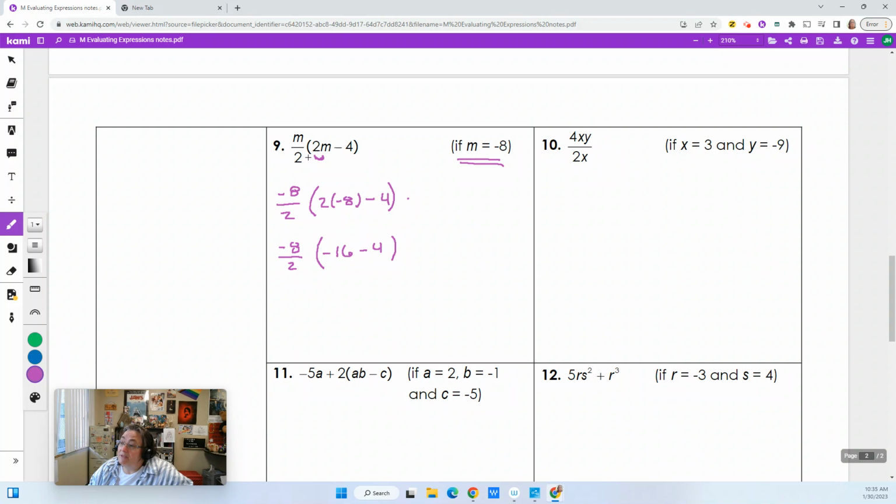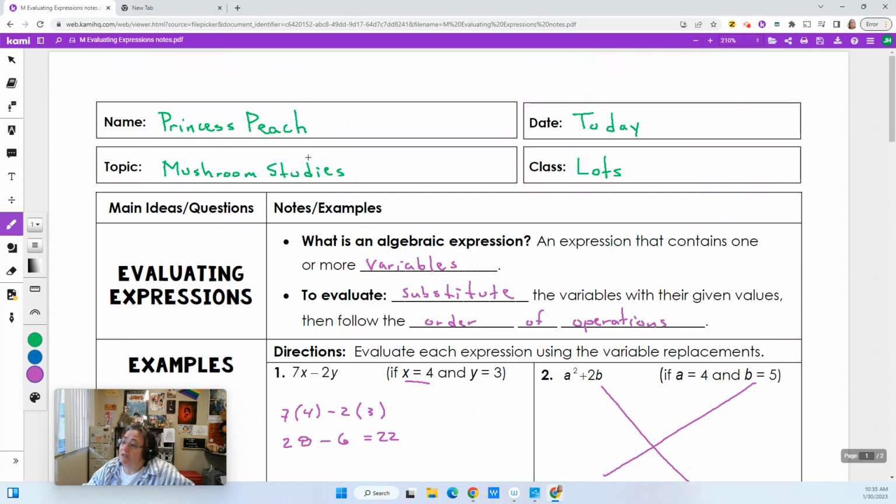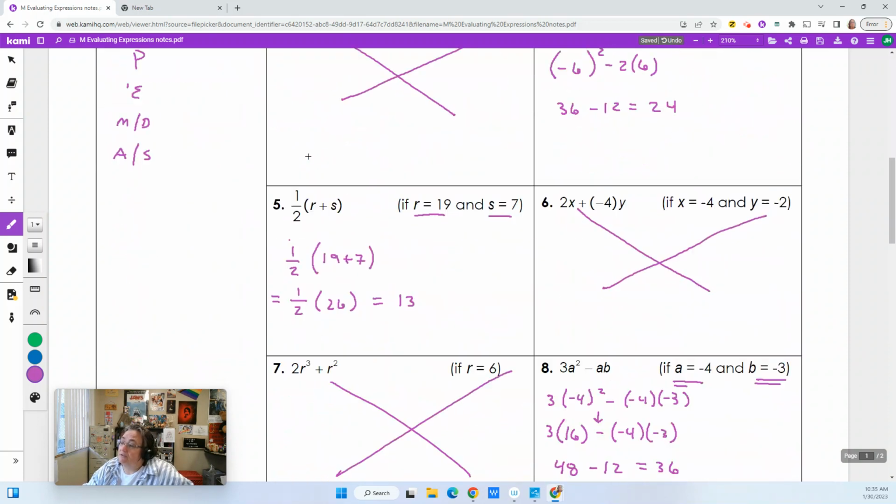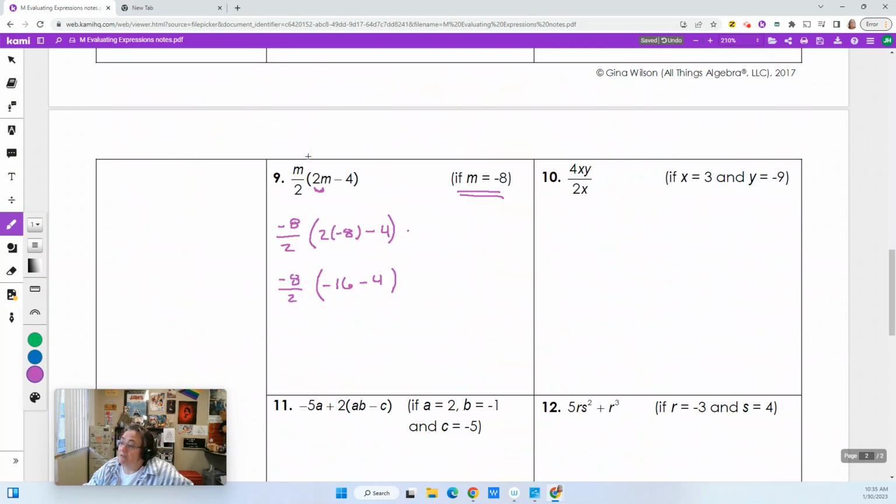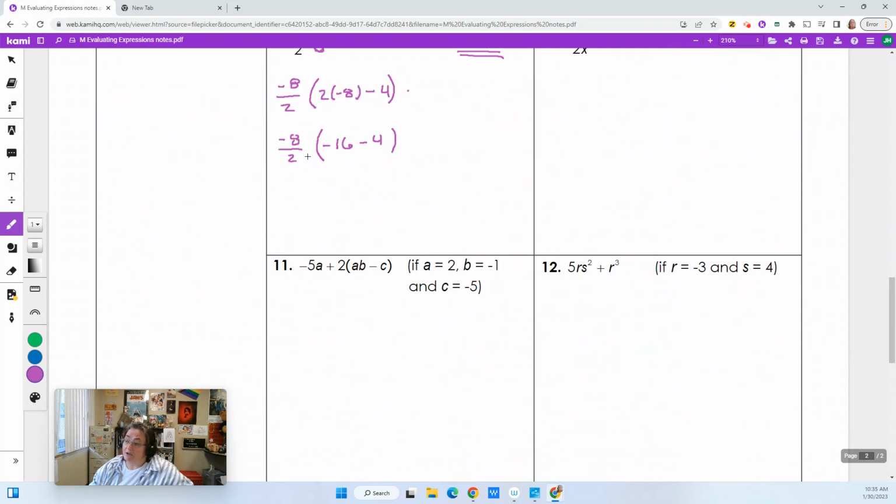And now we're going to put together what's inside the parentheses, right? So we're going to get our negative 8 divided by 2, which I'll deal with in a minute. And then I have minus 16 minus 4. Well, that's just minus 20.